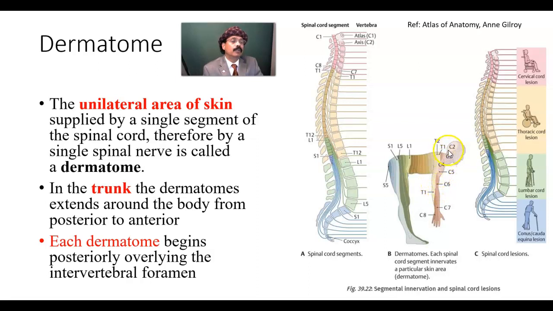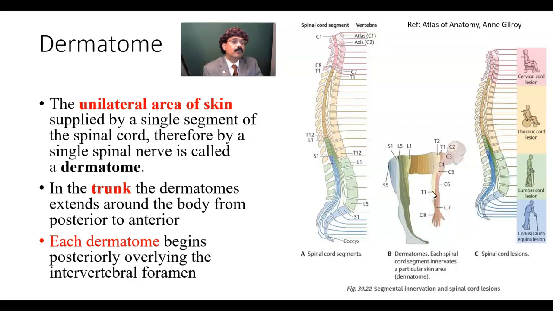From C2, C3, C4, if we continue, we get C5 on the arm area, C6, then C7 that covers the forearm. Then we go to C8 on the other side. The little finger gets C8.